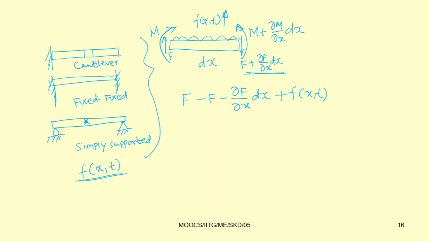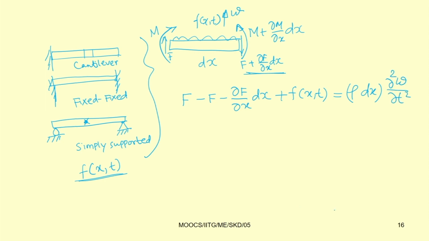Then this net force will be equal to rho, the mass per unit length, times dx. So this is the mass of the element, into, letting W be the vibration, the displacement in the transverse direction, del square W by del t square, that is the acceleration.